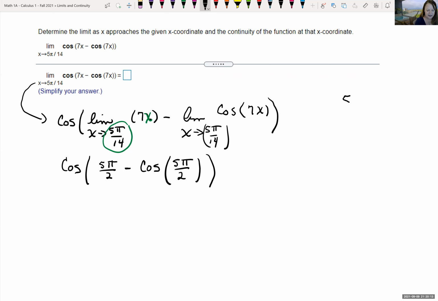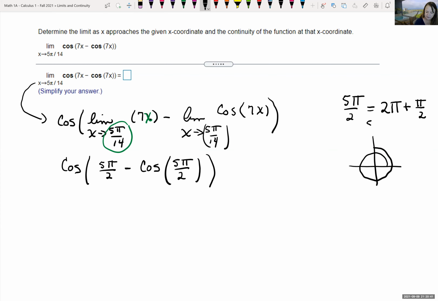Let's look at 5 pi halves for a second. Well, 2 goes into 5 two times. So this is the same thing as 2 pi plus, and we're going to have 1 pi halves left. So I know that if I'm thinking about my unit circle, I've done 1 full rotation plus a pi halves.